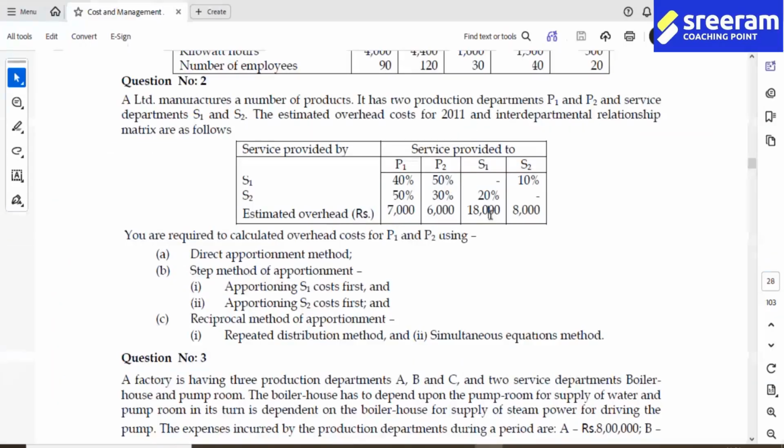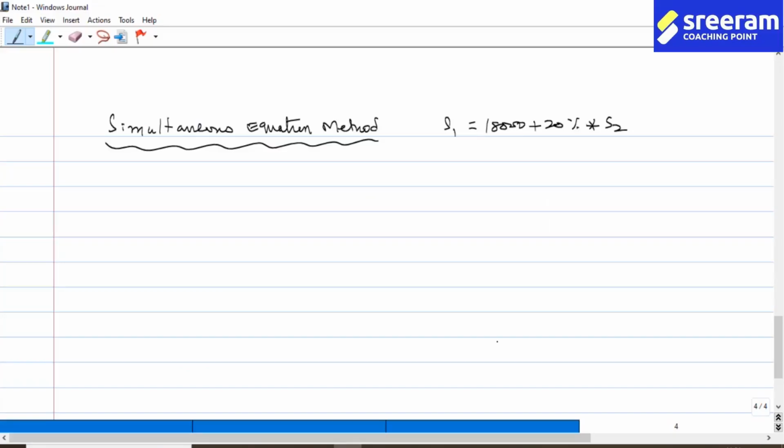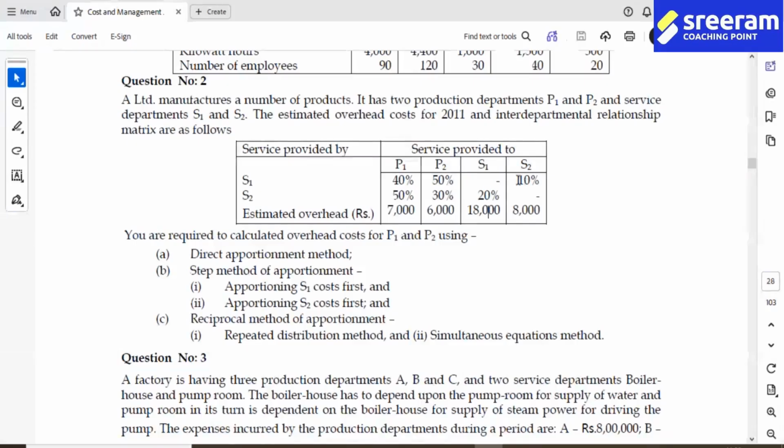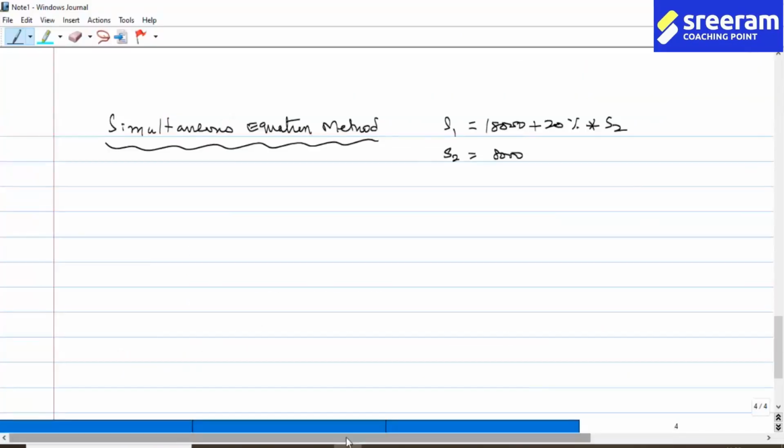Look into the case. 20% of S2 is there in S1. So the overheads of S1 will be its own plus 20% of S2. Similarly, S2 will have how much? 8,000 plus 10% of S1.